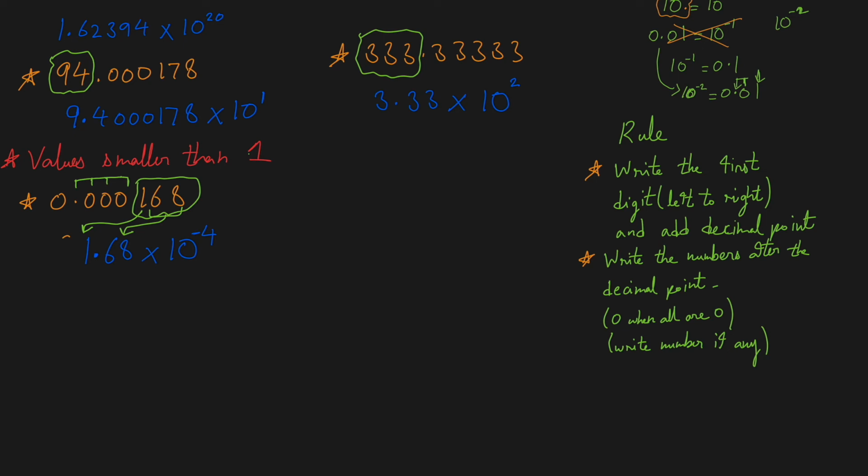Now here when all are 0 basically means when no value, when you have further no value.